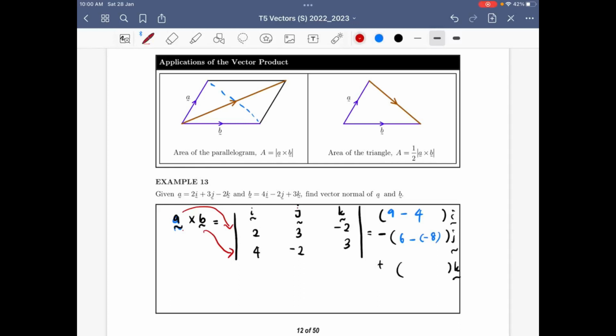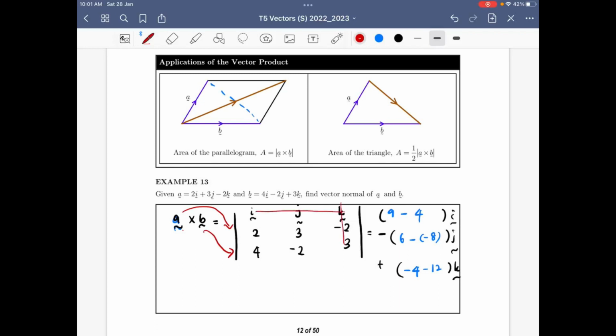Is it true? Okay, try to close the j. If you close j, we get 2 times 3, 6. Betul kan? And then how about the k part? If you close k, you get negative 4 minus 12. Betul.